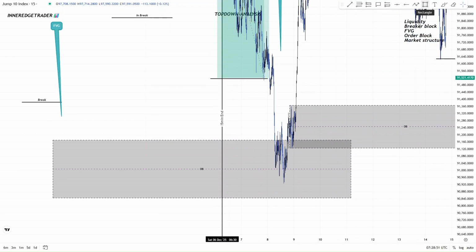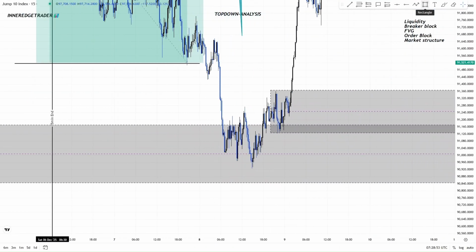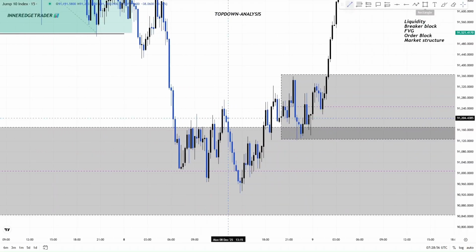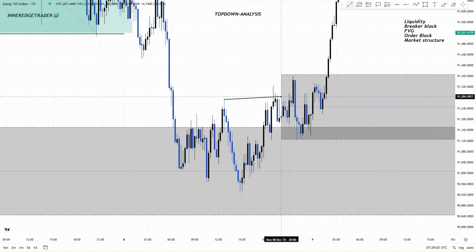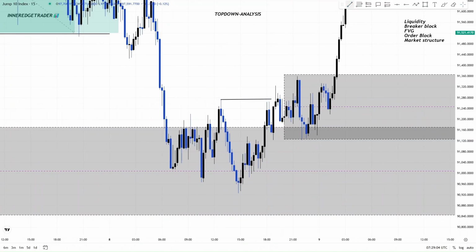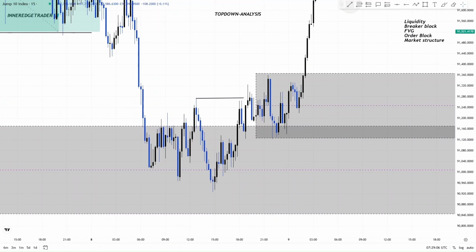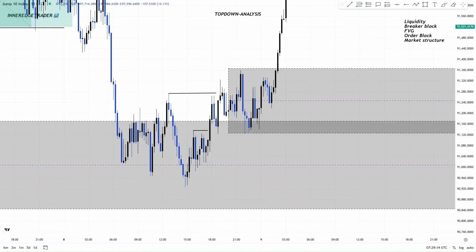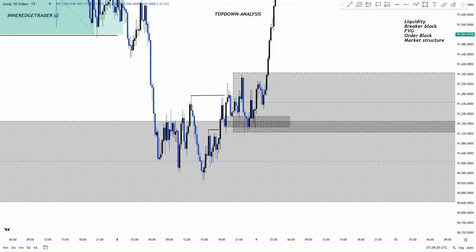So on the 15 minutes, as you can see here, you can see a structural shift after this swing high. The market retested to another block. This last candle is another block. Let me highlight it so you can see it. So normally you will have taken your entry from here. Got the fair value gap.